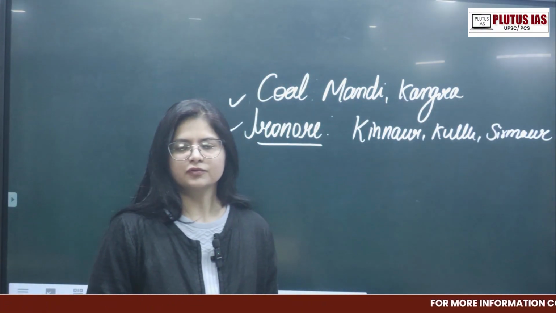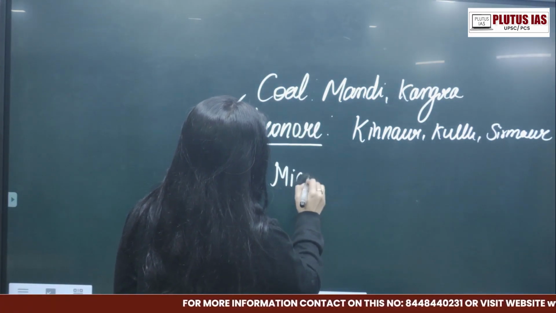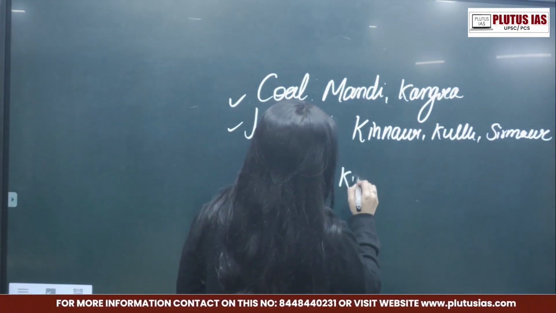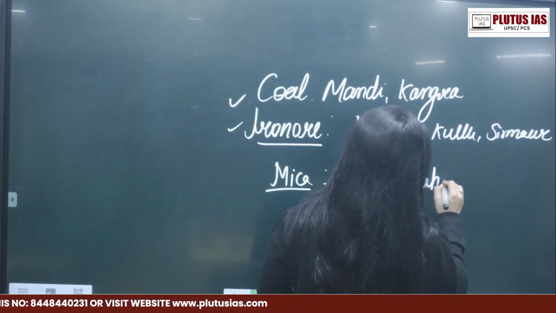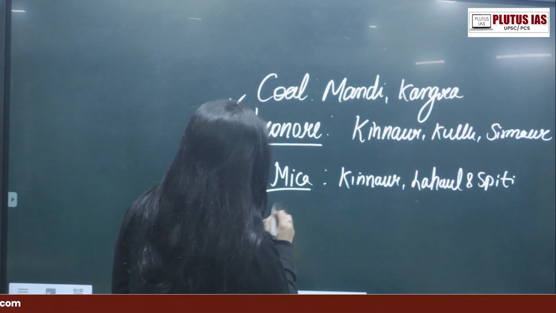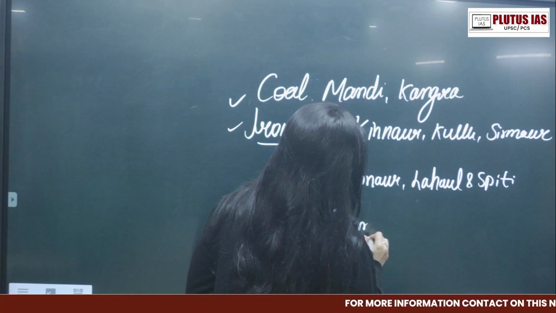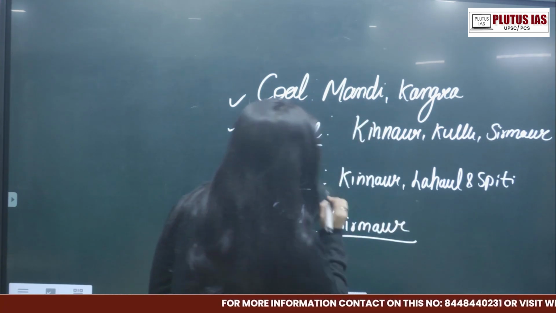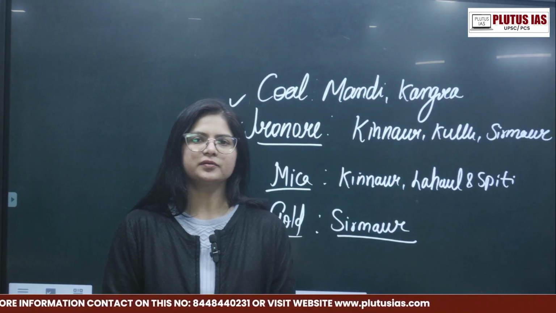Mica is also found in Kinnaur and Lahul Spiti. Next up we have gold. Gold is found in the Sirmaur area and the other neighboring districts of it. So these are the minerals which are found.